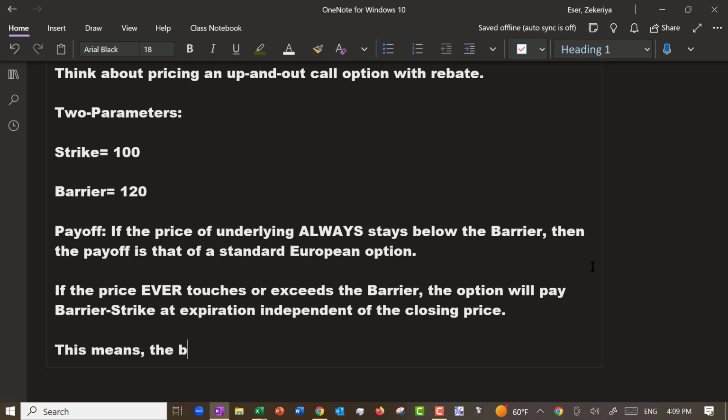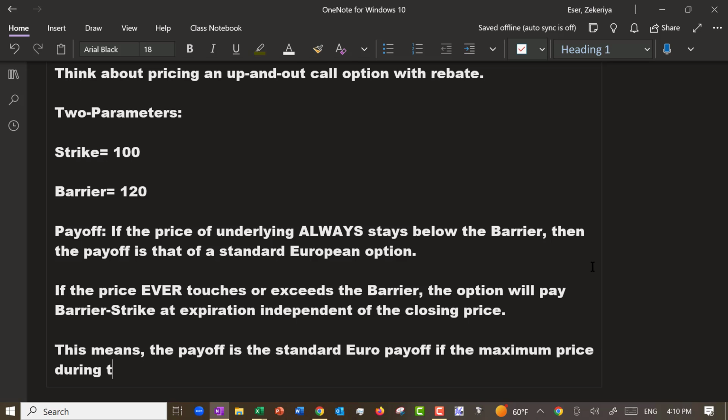This means the rebate or the payoff is standard euro payoff if the maximum price during the life is below the barrier.